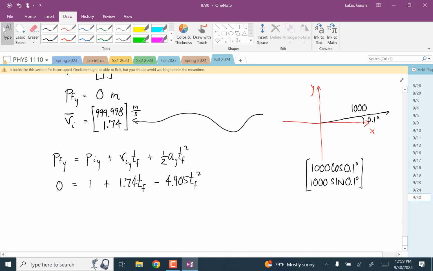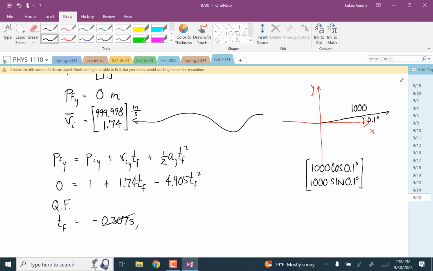And now use the quadratic formula. And you get that TF is equal to, you're going to get two answers. One is negative, and we don't care about that one. And then one is positive, and that's the right answer for what we're looking for.